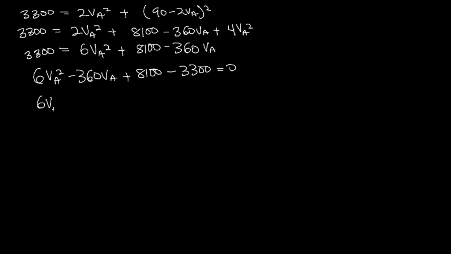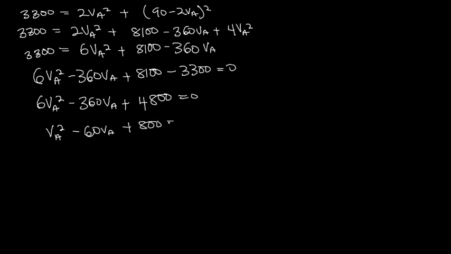So we simplify, we have minus 360 va plus 8100 minus 3300 will give us 4800, which is equal to 0. Now if we divide both sides by 6, just to get a simpler term, we get va squared minus 60 va plus 800 is equal to 0.